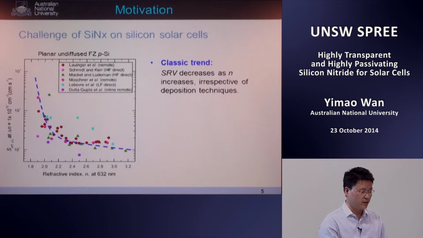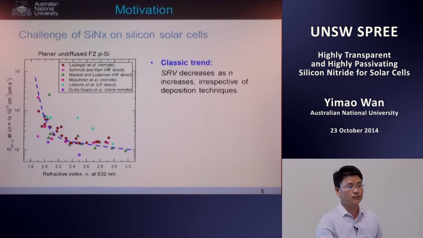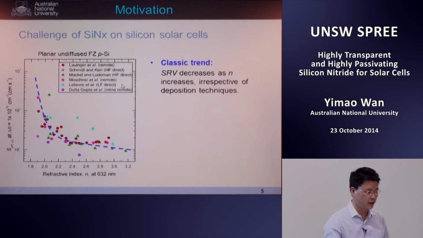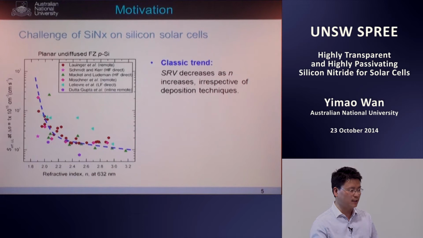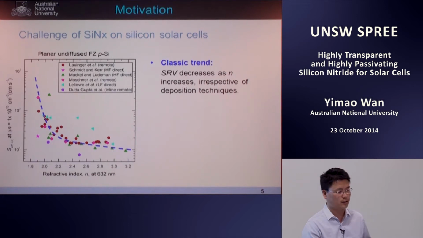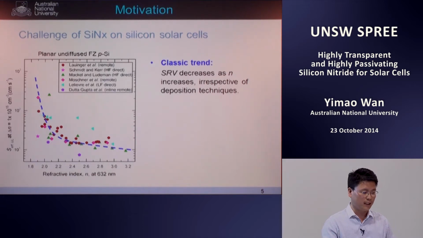The recombination results are taken from several studies, like Lauinger and Schmidt, Mäckel, and others. They were deposited with different techniques, like remote PECVD, high-frequency direct PECVD, some inline, or low-frequency ones. But all these results show a classic trend: the surface recombination velocity, SRV, decreases as the refractive index increases, irrespective of the deposition technique.